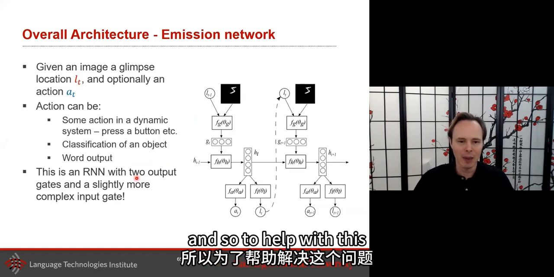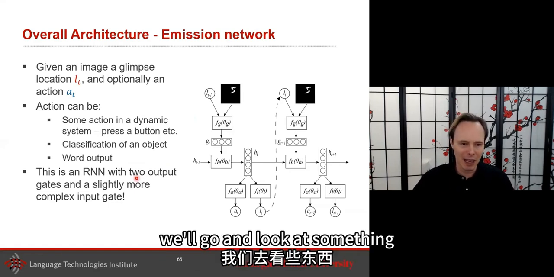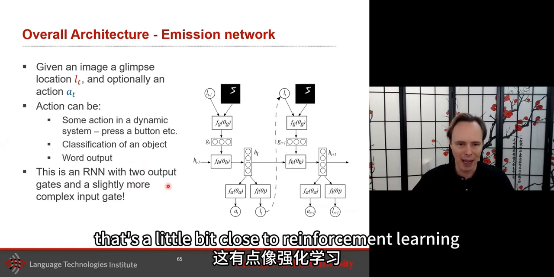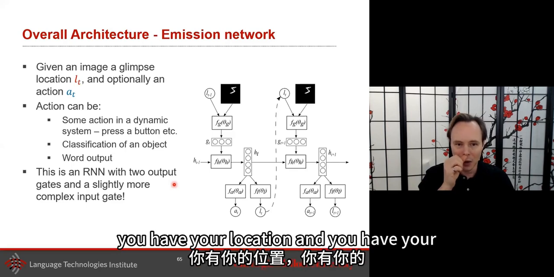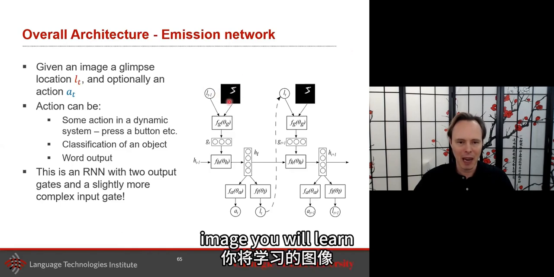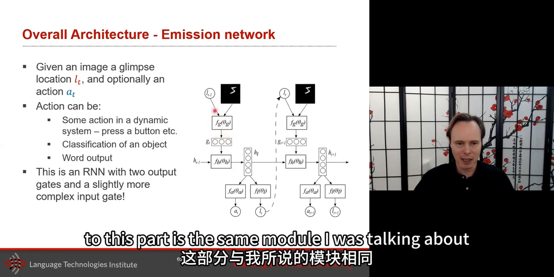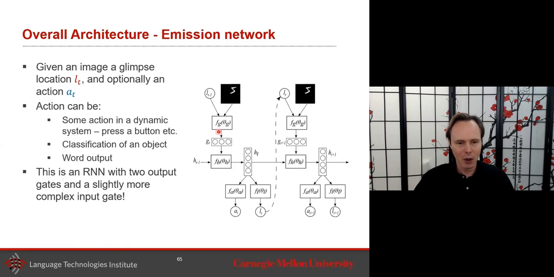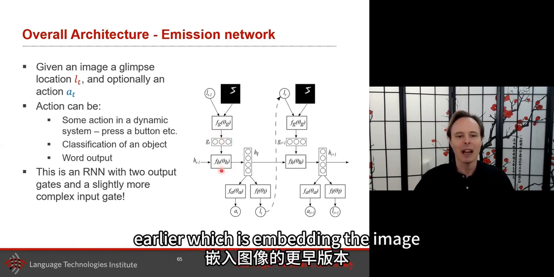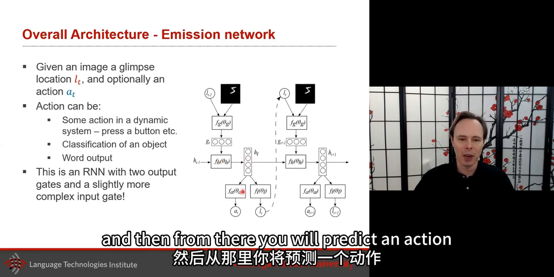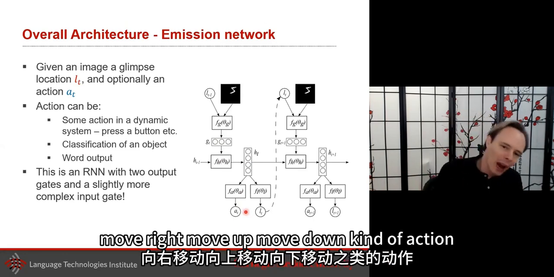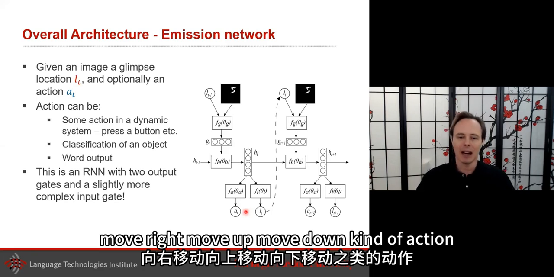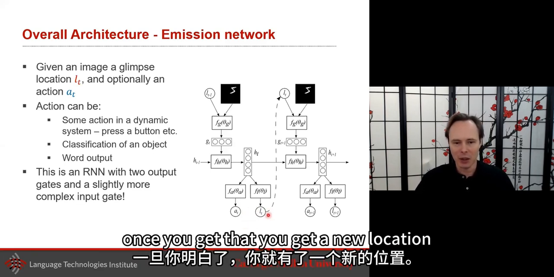And so to help with this, we'll look at something that's a little bit close to reinforcement learning. In this case, you have your location and you have your image. This part is the same module I was talking about earlier, which is embedding the image. And then from there, you will predict an action. An action will be move left, move right, move up, move down. Once you get that, you get a new location.